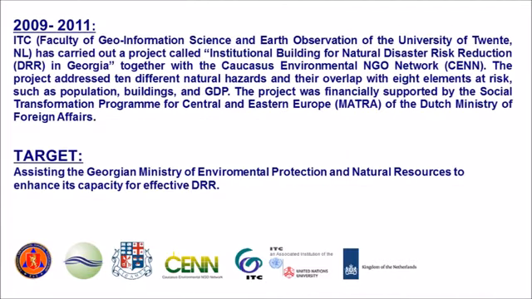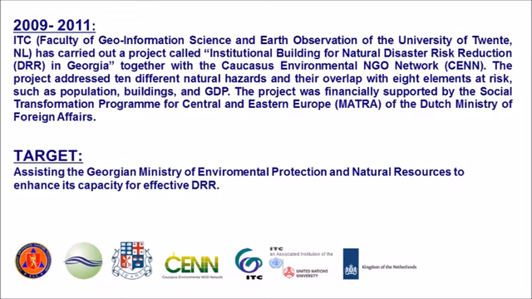From 2009 to 2010, the ITC, the Dutch university where I was working, carried on a project together with the SEN, the Georgian Caucasus Environmental NGO Network, called Institutional Building for Natural Disaster Risk Reduction.